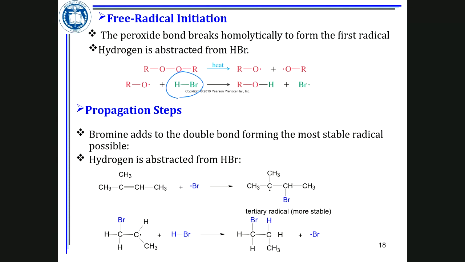But since H is going to add to the carbon with less hydrogen, this is known as the anti-Markovnikov product, because Br is added to the carbon with hydrogen and H is added to the carbon with no hydrogen.